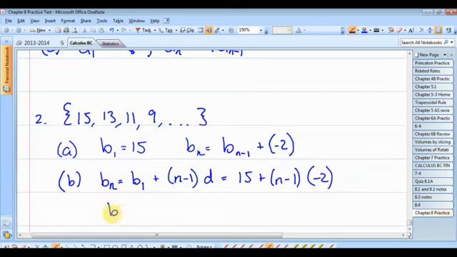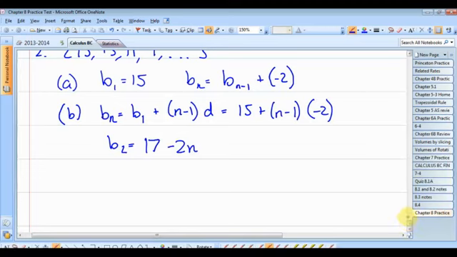And that simplifies into 15 plus 2 is 17, 17 minus 2n. That's Bn equals, right? Oh yeah, Bn. That's supposed to be an n.